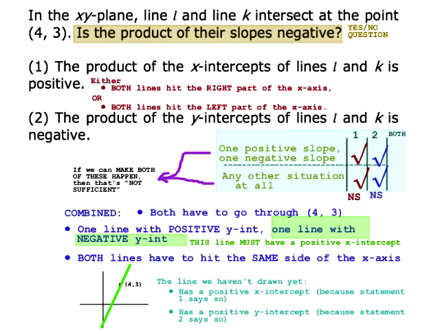So you can draw it if you have to, but if both of these things are true, then that means you have a line with a negative slope. And so that means no matter what, you have one line with a positive slope and one line with a negative slope. So that's going to have to be the first box.